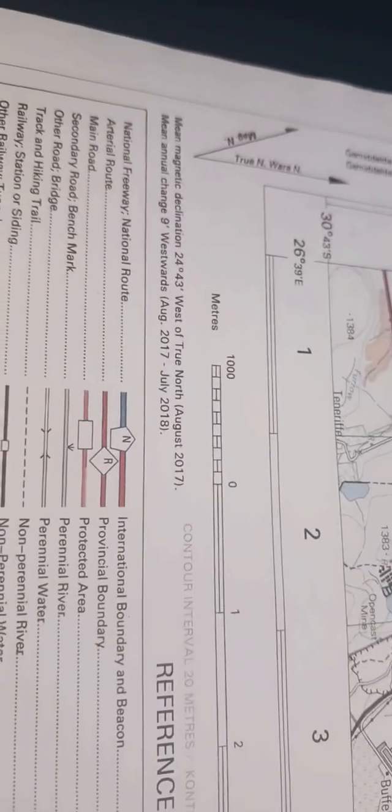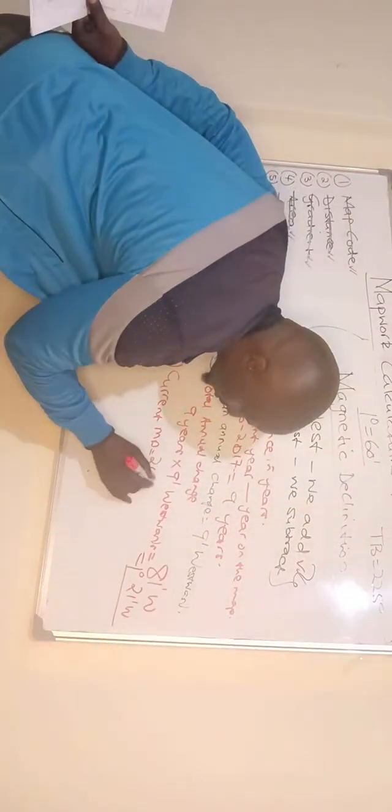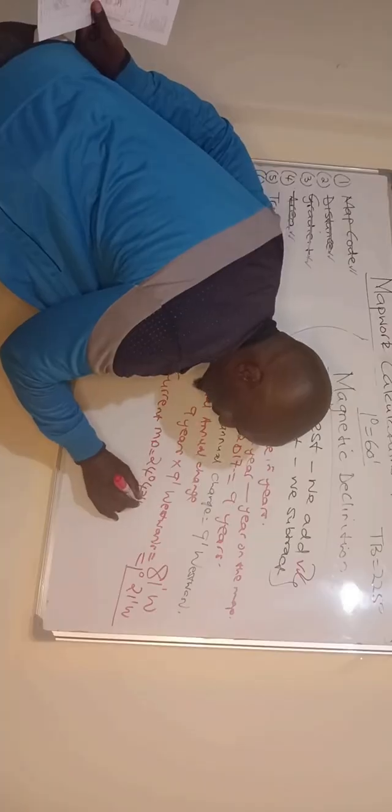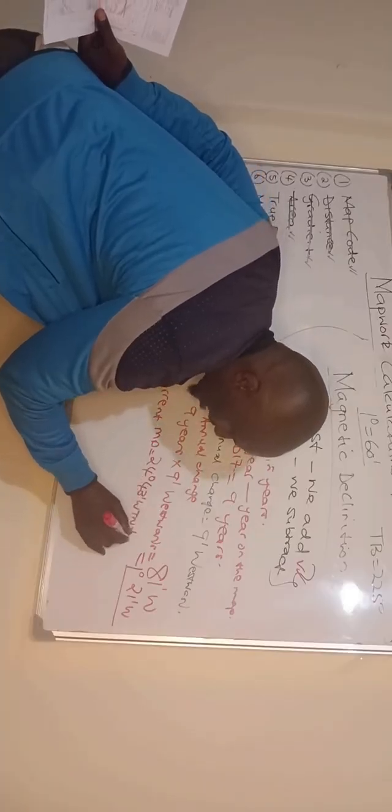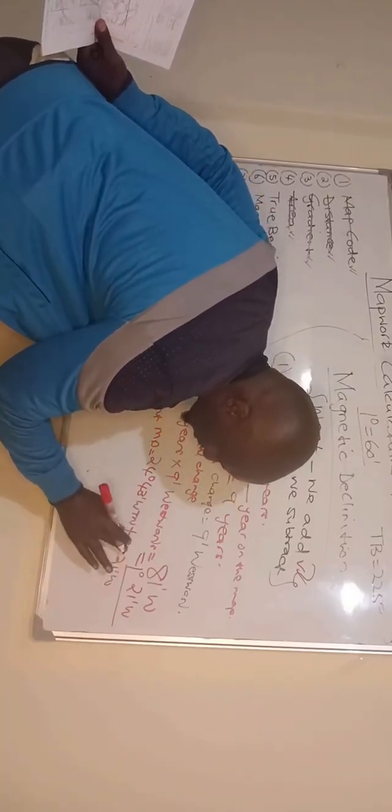So we are saying 24 degrees 43 minutes west of true north plus 1 degree 21 minutes W.